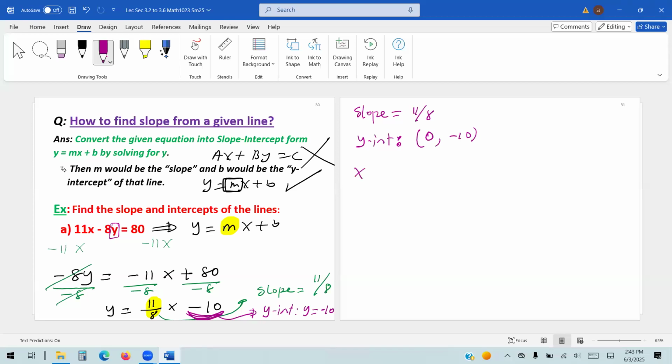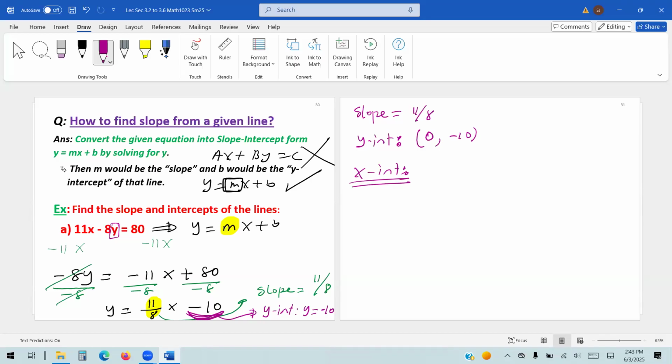And now the only thing we need is the x-intercept. From yesterday, do you remember how you find the x-intercept? Set y to be 0.